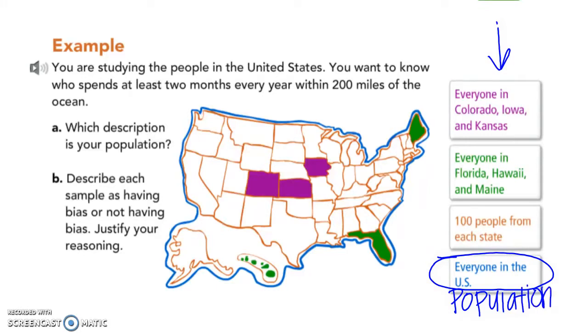Okay? Now, part B, describe each sample as having a bias or not having a bias and justify your reasoning. So if I want a representative sample, that means that it should not have a bias. So if I interview everyone who lives in Colorado, Iowa, and Kansas, which is this, and this, what are they going to say? Spending at least 2 months of every year within 200 miles of the ocean.